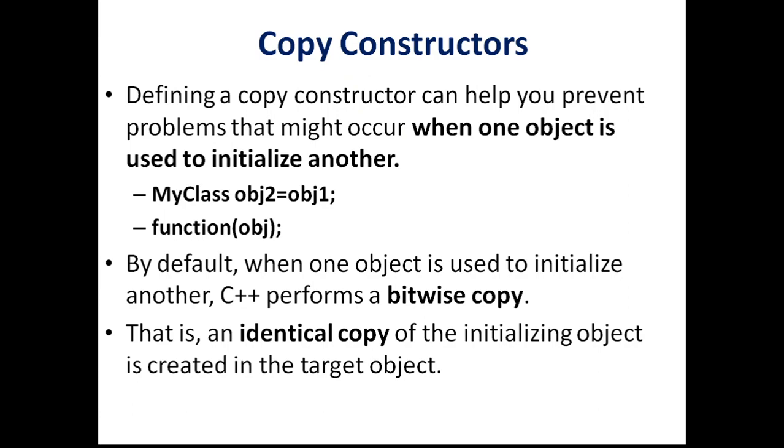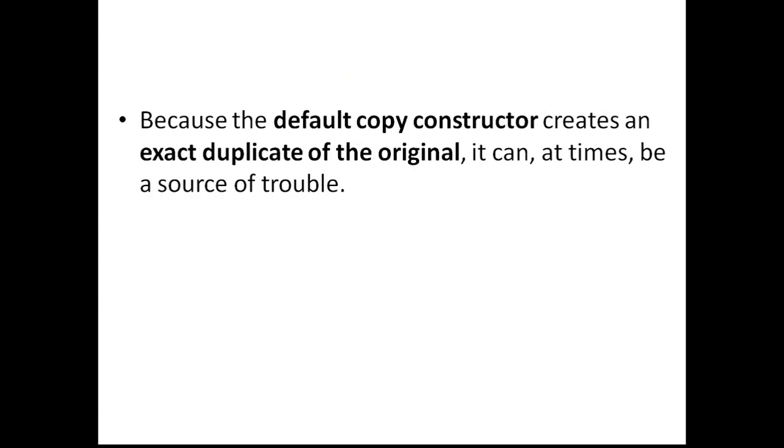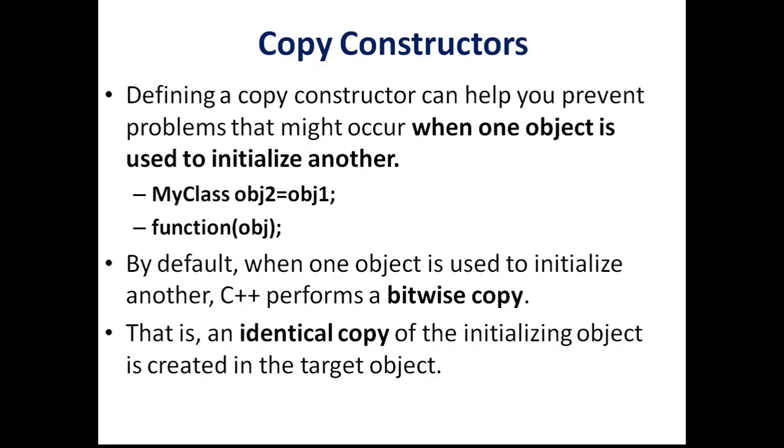Whenever an object is assigned to another object at the time of initialization, a bitwise copy is triggered by the compiler, which makes an identical copy of the original object into the new object, and this is done with the help of a default copy constructor. The compiler has its own default copy constructor, and that is the one that performs the bitwise copy.